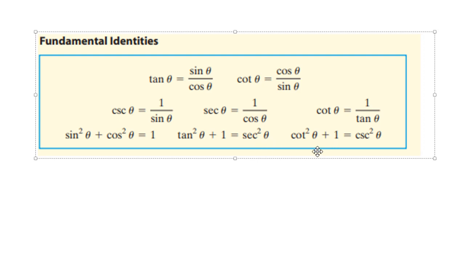And the last one, cotangent squared of theta plus 1 is equal to cosecant squared of theta. This one we already saw them. Tangent of theta, cotangent of theta, secant of theta, cosecant of theta, secant of theta, and cotangent of theta.